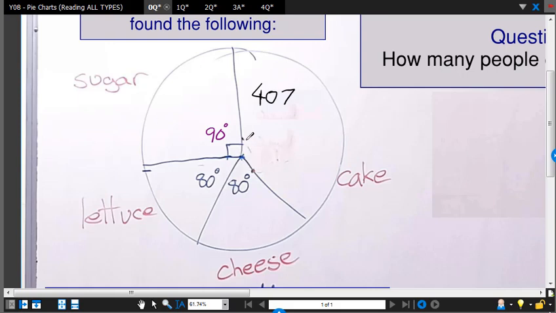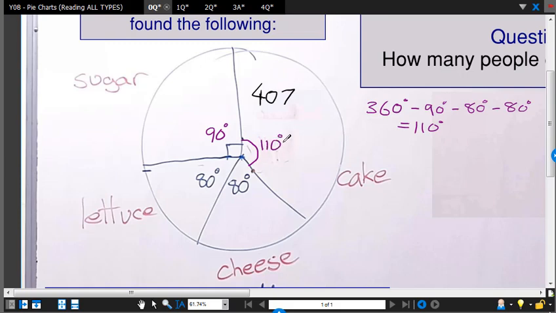So to get this unknown angle here, we just do 360, so these are all degrees, minus 90 degrees, minus 80 degrees, minus 80 degrees. So when you do that, you should get 110 degrees. Because 80 plus 80 is 160, plus 90 is 250. So 360 minus 250 is 110. So this angle here is 110 degrees.